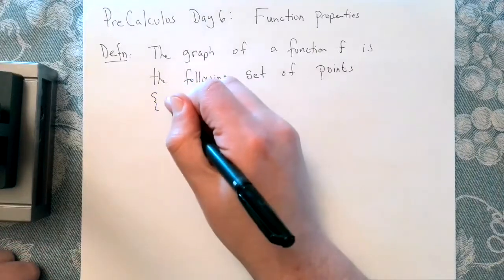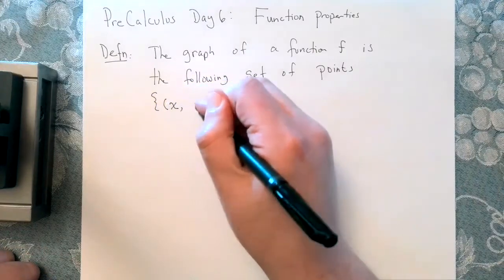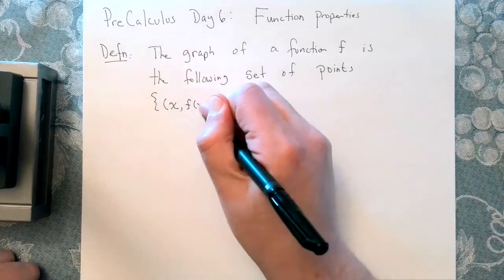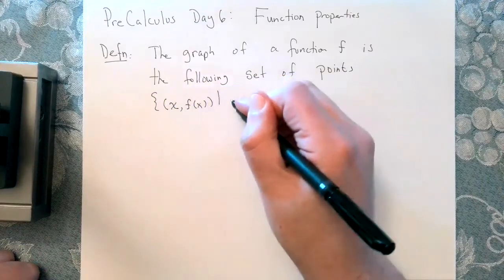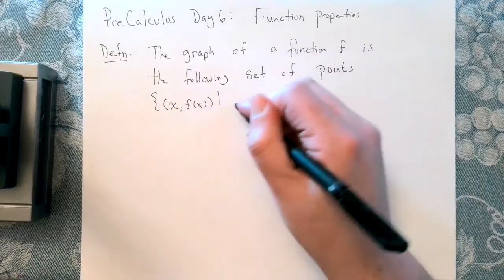This is the set of all ordered pairs of the form (x, f(x)) such that x is in the domain of the function f.